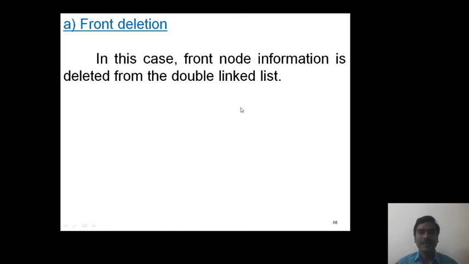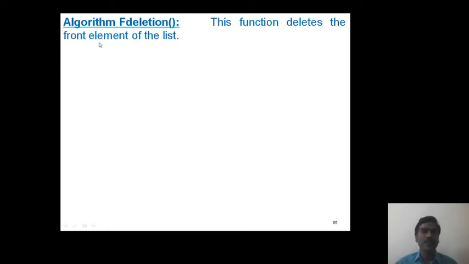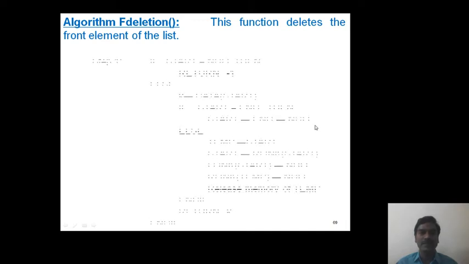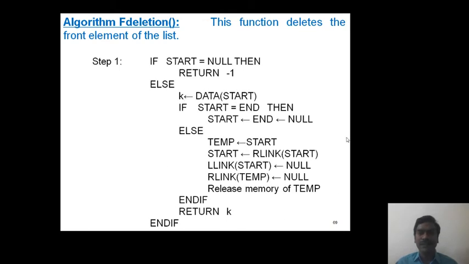In this case, the front node information is deleted from the list. Procedure: algorithm F deletion. This function deletes the front element of the list. Now observe this procedure.